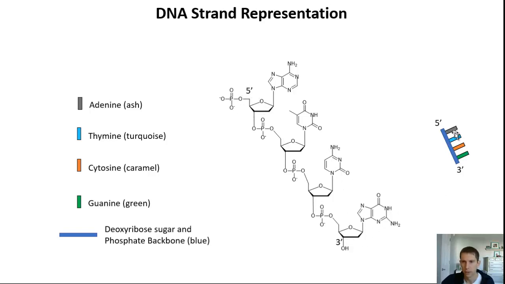My representation here is going to be a block where this long rectangle is my deoxyribose sugar and phosphate backbone. My adenine is going to be represented by the ash color of this other small rectangular block. Thymine is going to be turquoise, cytosine is going to be caramel, and guanine is going to be green. I chose these colors so they'd match up with the first letter of our nitrogenous base, and for artistic purposes, of course.